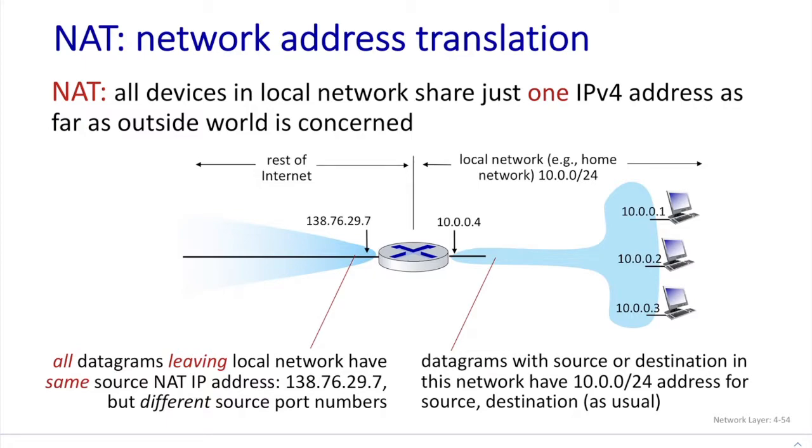The root cause is that 32 bits is too small. We have only 4 billion IP addresses in IPv4, but we have even more devices on the earth that need IP addresses.